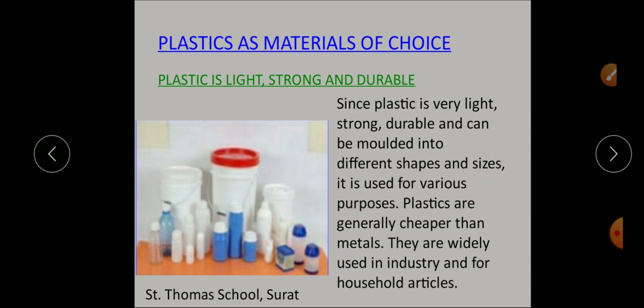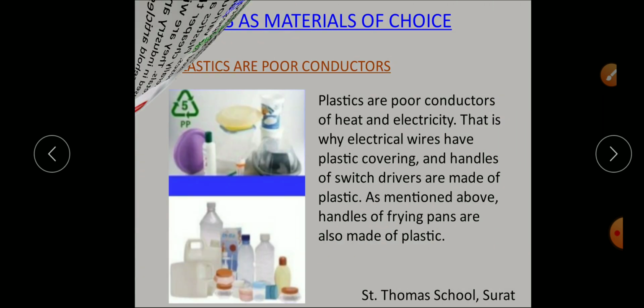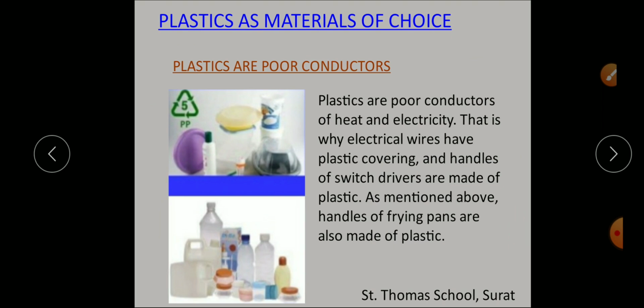Plastics are generally cheaper than metals, and they are widely used in industry and for household articles. Just now I told you the household articles, that is cooking vessels and containers which are used in microwaves, right?